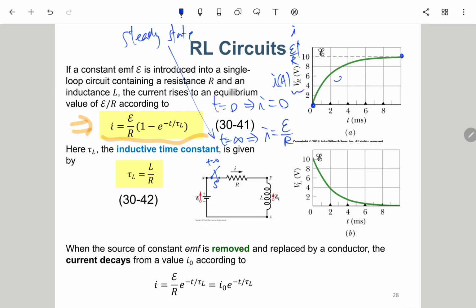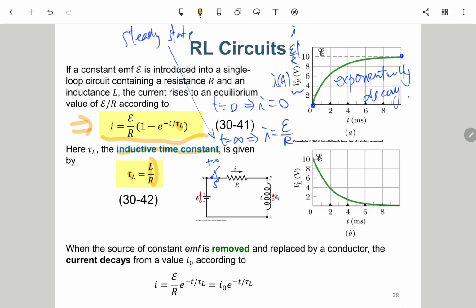We will usually say that this is exponential decay, 指数衰减. And here we have come up with something called tau L. Tau L is called the inductive time constant.